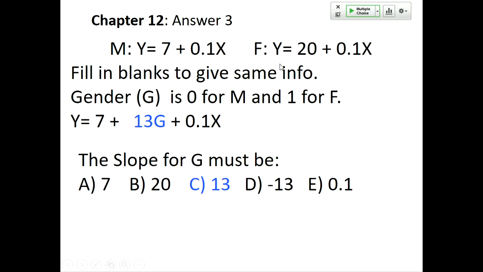But if we want to combine the 2 simple equations into one multiple equation that can stratify back into these 2 equations, that means we have to include a variable for gender. That's the way we're going to stratify into those 2 separate equations. All right. Thanks for asking that. And let's go back to the document camera.